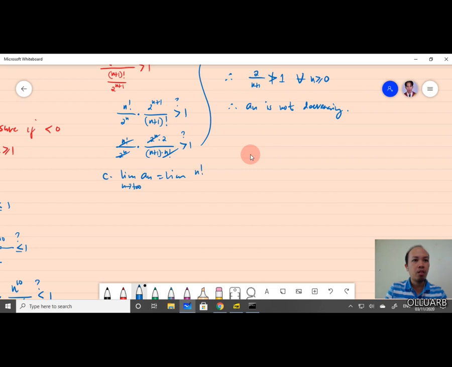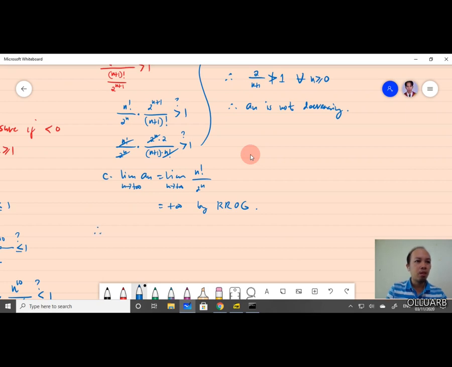However, the limit of a sub n is positive infinity by RROG, relative rates of growth.